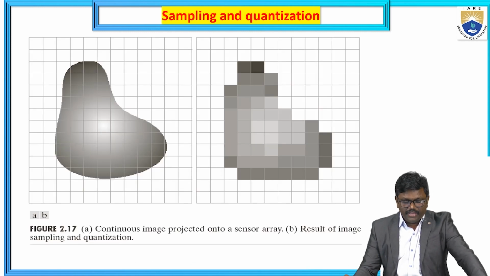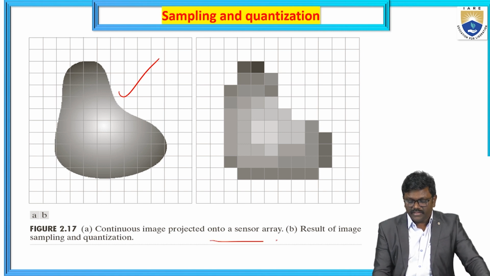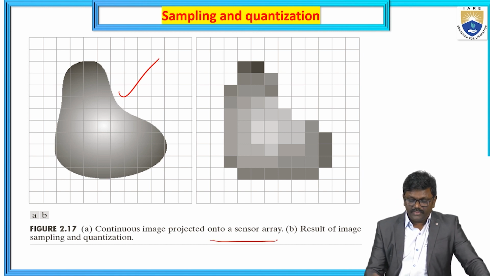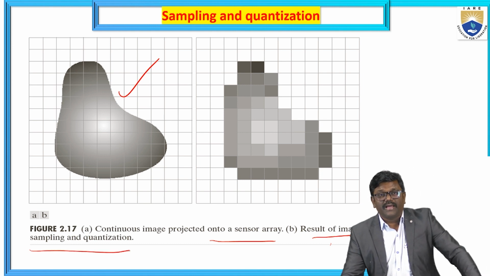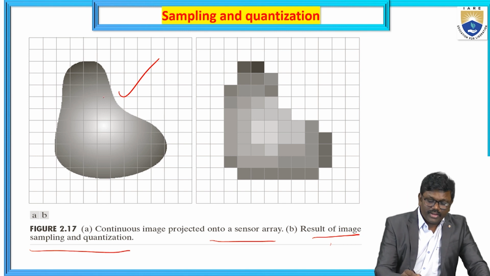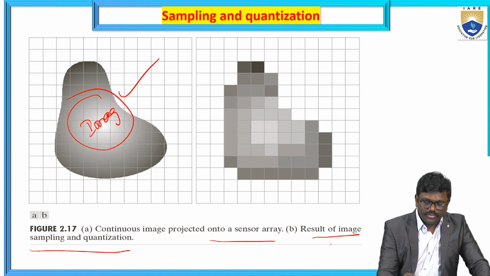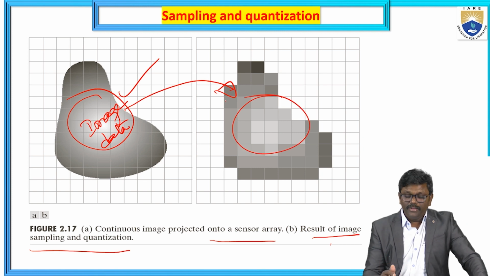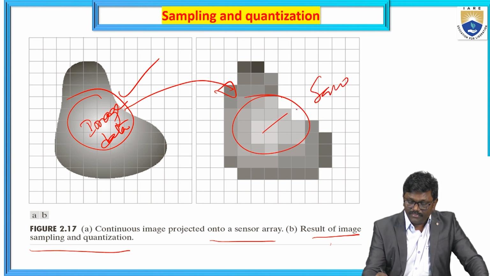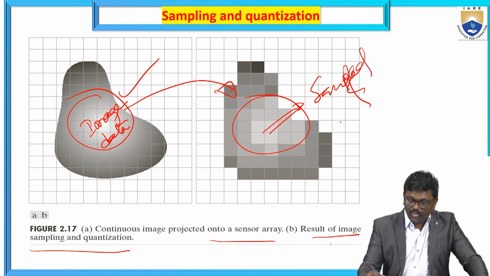For example, you see here a continuous form of the signal image, which is a sensor array image. In the resultant image in terms of sampling and quantization, here we cannot find your required image data, whereas in this one we can find it, because it is sampled and quantized.